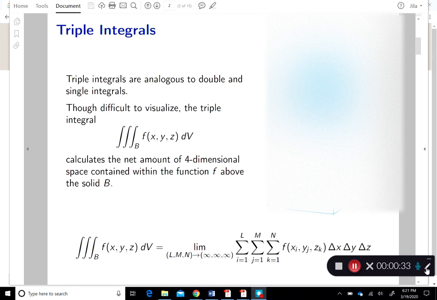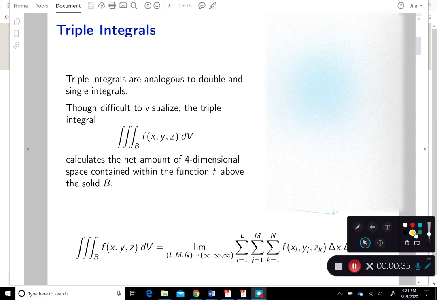For a triple integral, we are trying to find, however we interpret the net value, something analogous to area and volume in 4 dimensions, because area was a two-dimensional thing and volume was a three-dimensional thing, and then whatever that is in 4 dimensions. Imagining it is a little difficult.